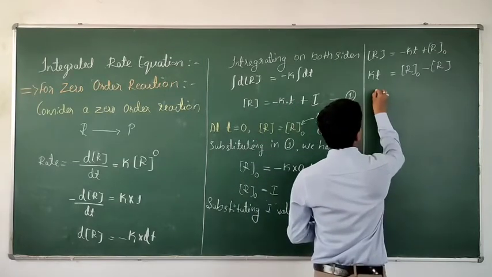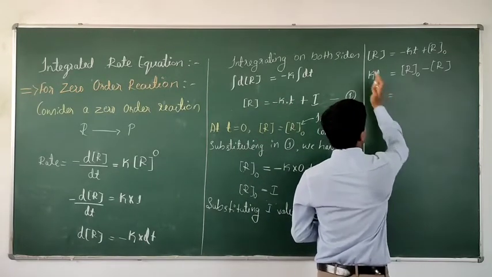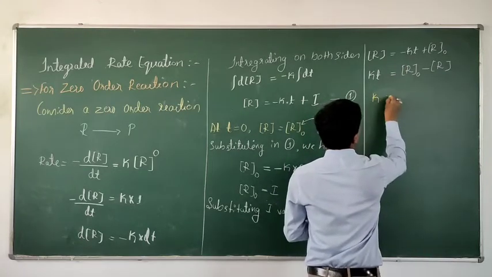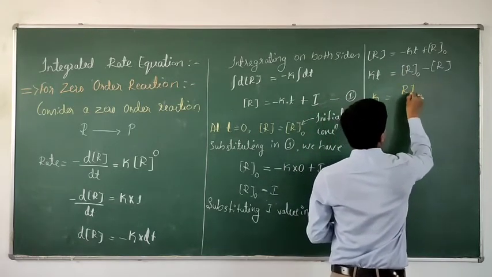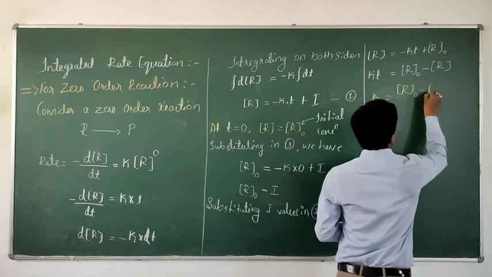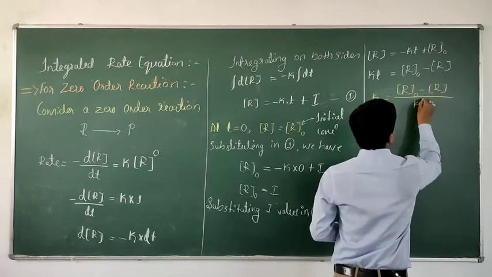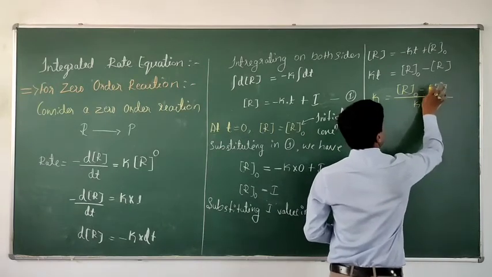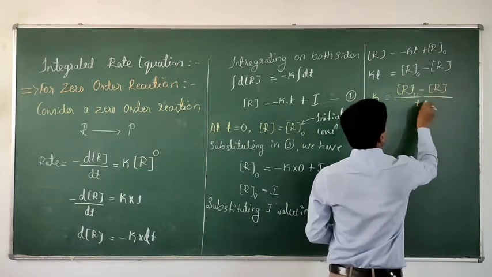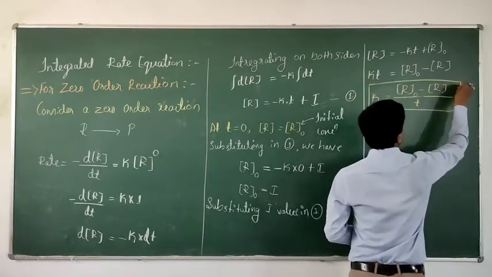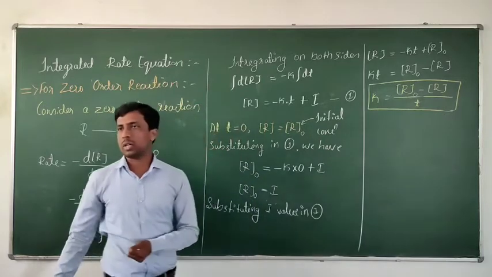Then k is equal to r0 minus r divided by t. This is the integrated rate equation for zero order reaction.